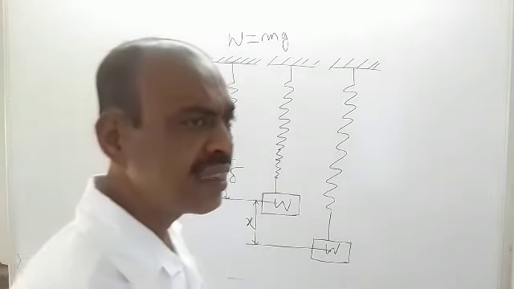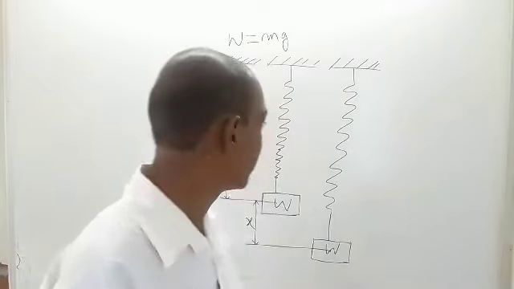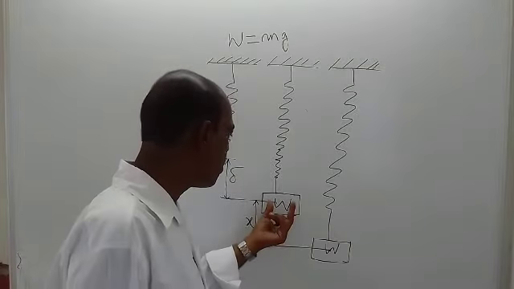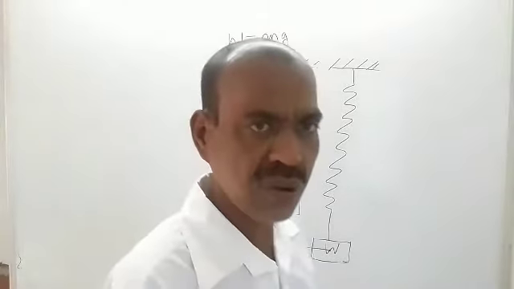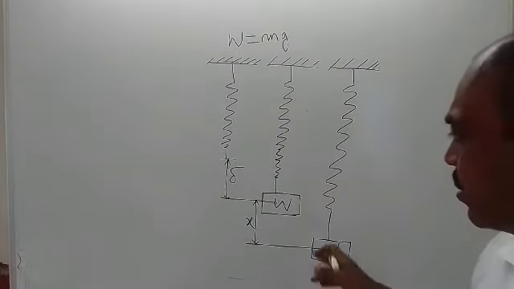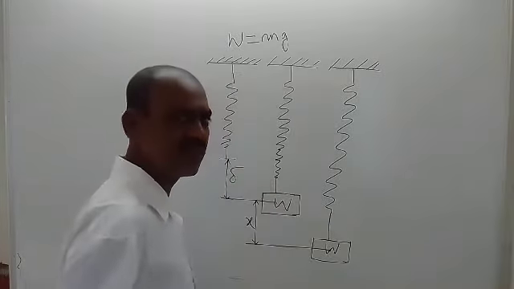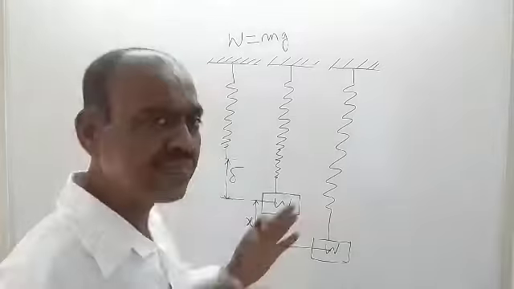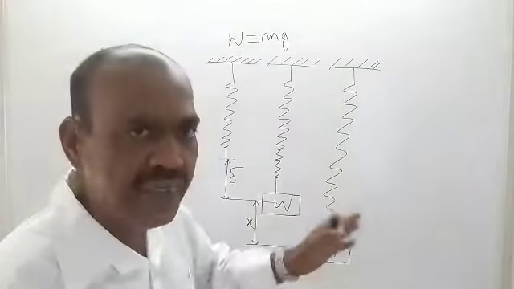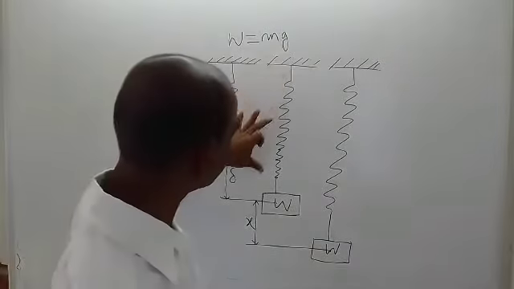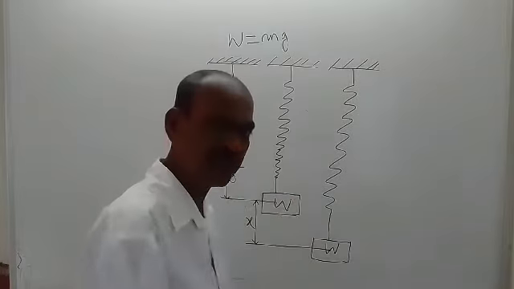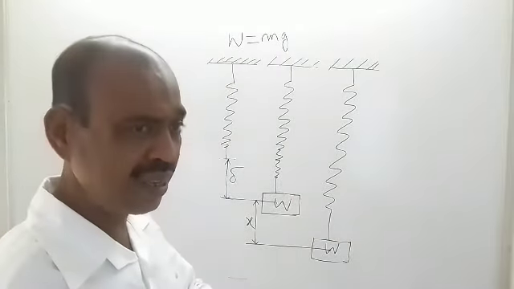This negligence is possible only when the mass of the spring is very, very small as compared to the mass attached at the end of the spring. In that case you can easily neglect this mass. Always there should be some comparison; without making any comparison, nothing can be neglected. So the mass of the spring will be considered as 0. Only this mass will be considered for mathematical calculation.